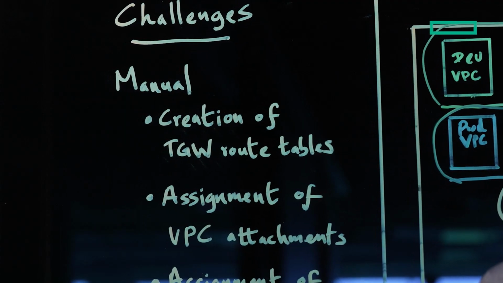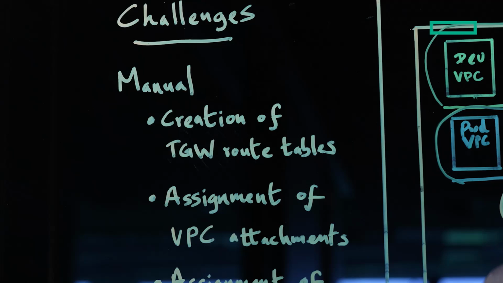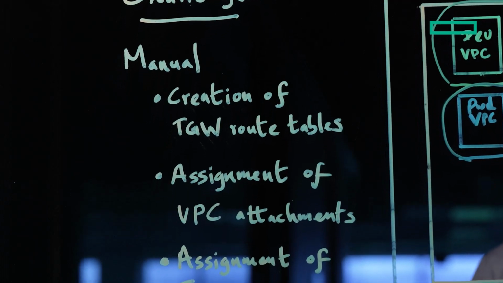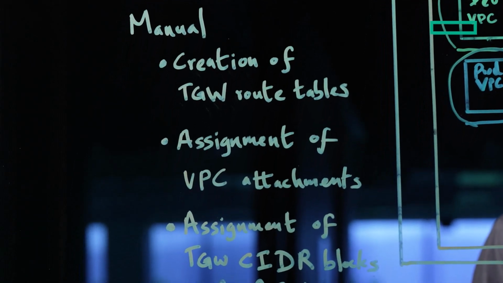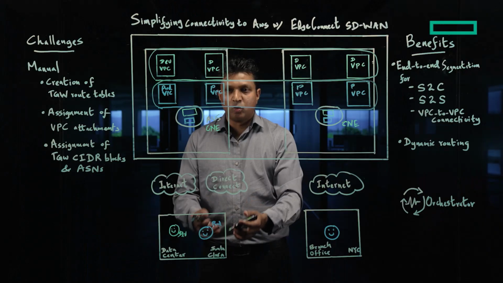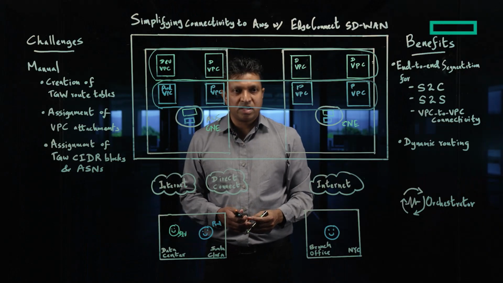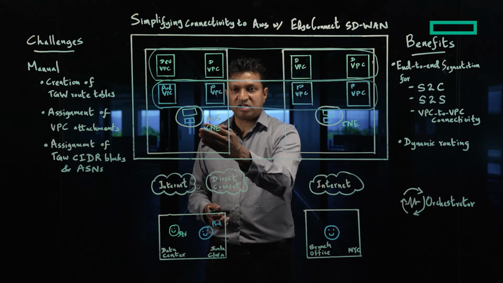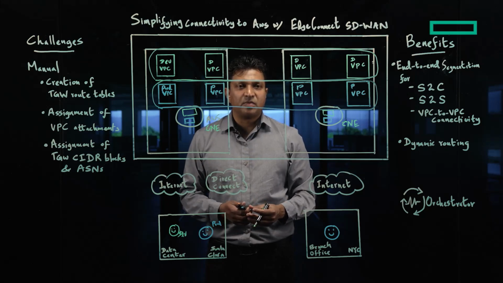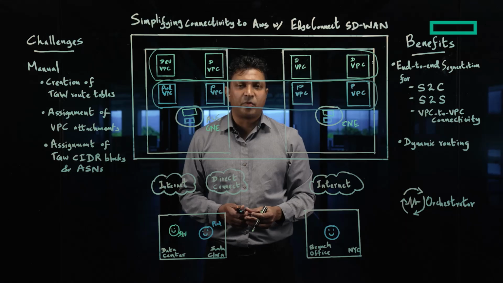However, there's one challenge. When you have tens, hundreds, or even thousands of on-prem locations and you want to connect them with AWS, you have to create those connections individually, which can be time-consuming and error-prone.